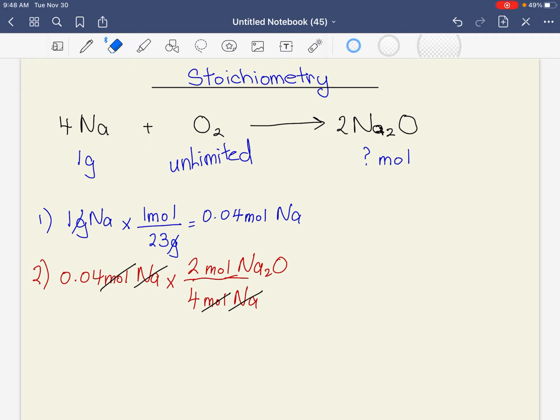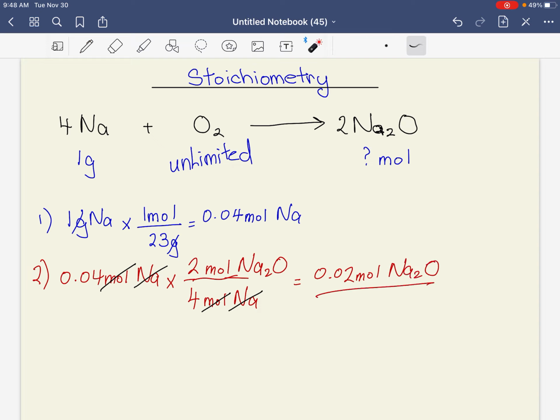And look what we have here: moles of sodium oxide, which is exactly what we are looking for. This is nothing more than 0.04 divided by 2. So the answer to this is 0.02 mole of sodium oxide. There you go.